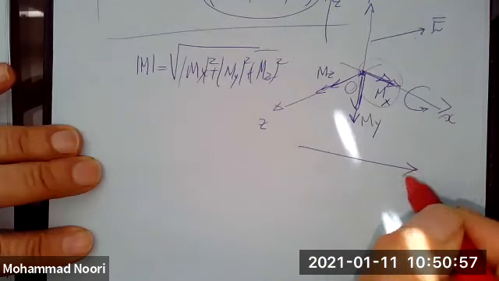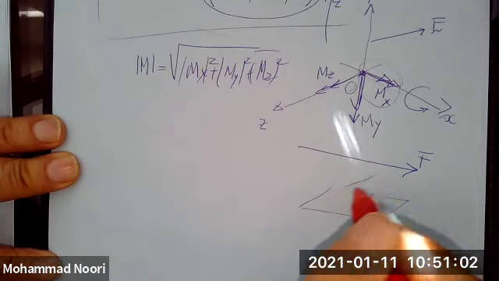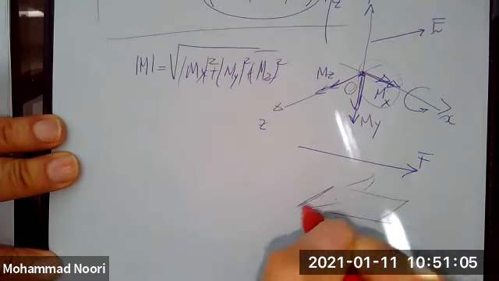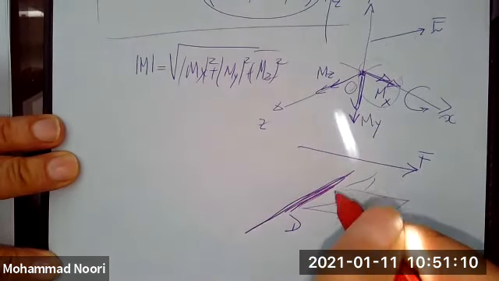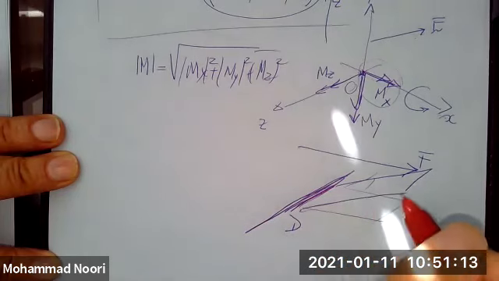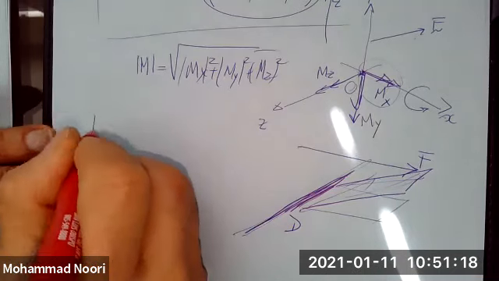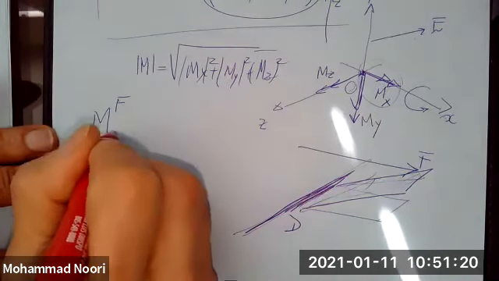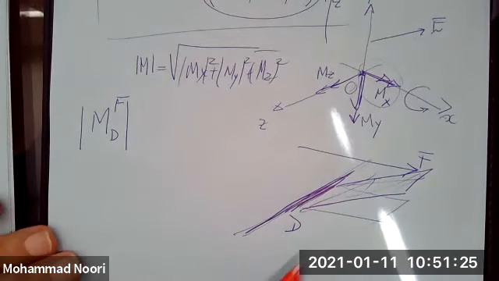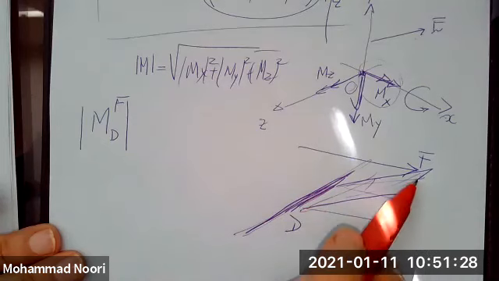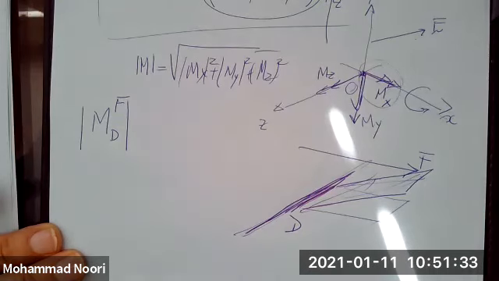How about if you want to find a moment of a force about an axis? Remember that famous car? I want to find a moment of a force about an axis D. You can find the magnitude of that moment, or the rotational effect about this axis, as follows.